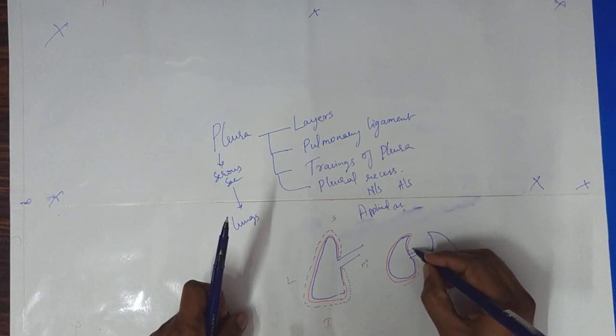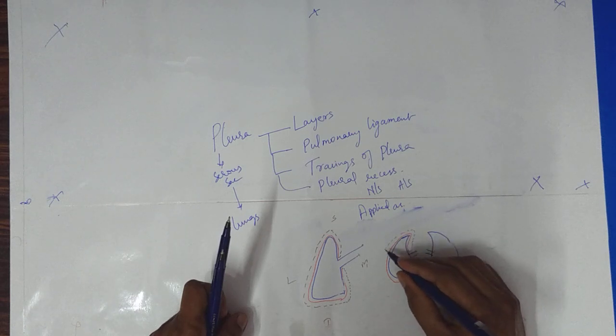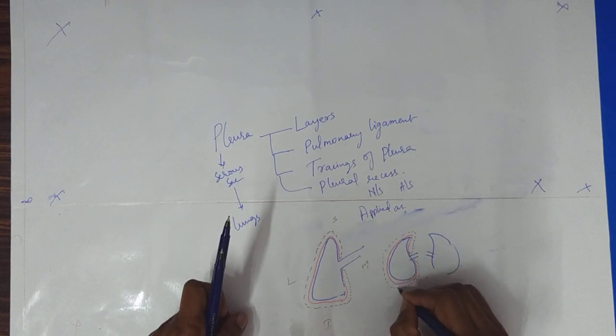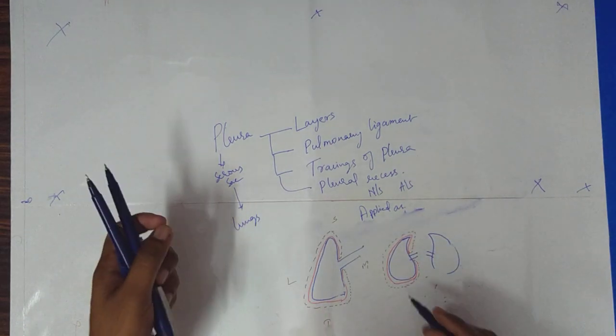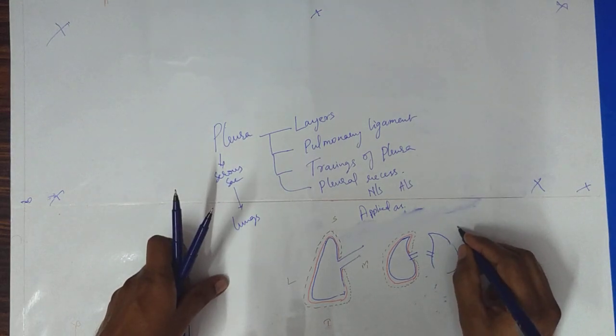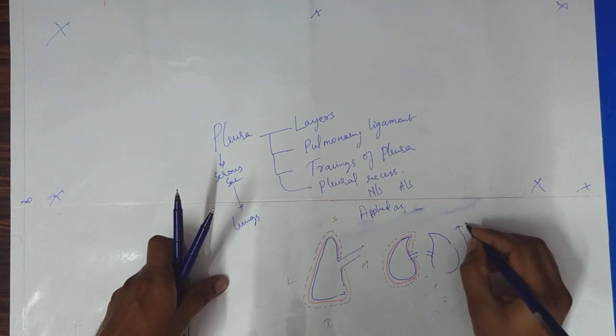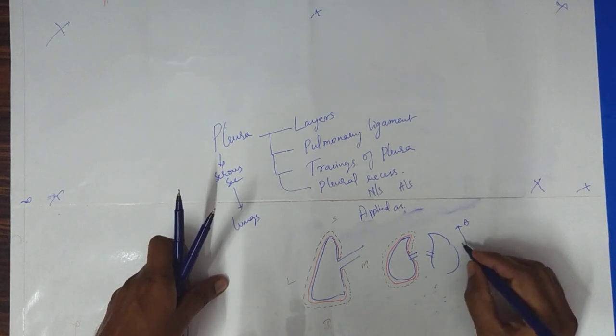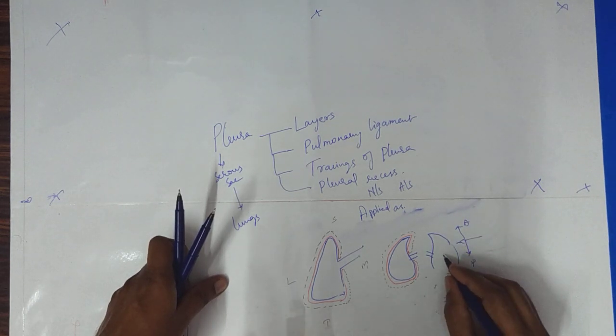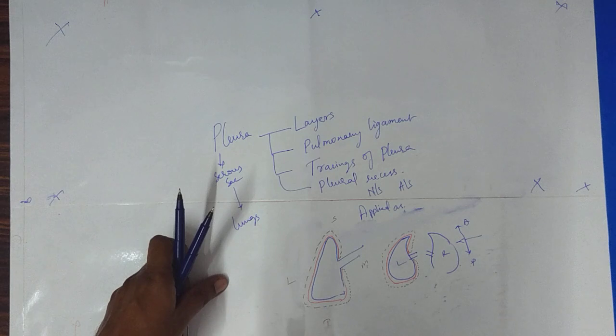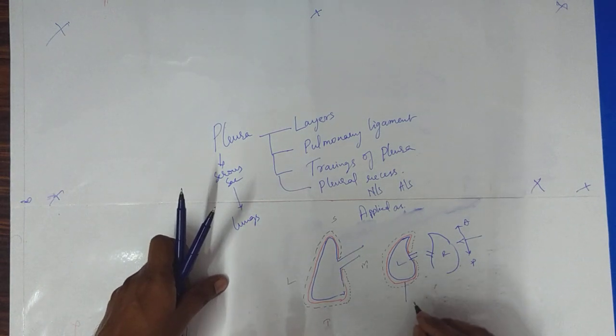The outer one is parietal pleura. So this is if you are seeing in a cross section. So this will be anterior, posterior. So this is your right lung and this is your left lung. So in this, what are the different layers?